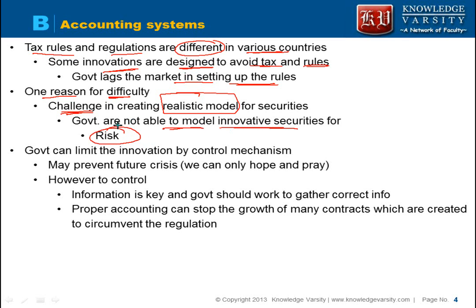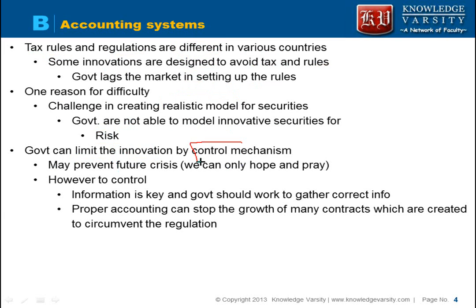However, what Myron Scholes has mentioned is that government can limit the innovations through control mechanisms. It cannot stop, but it can limit. He is saying that it may prevent future crisis, but we can only hope and pray for this, and I do not think it will happen, right?